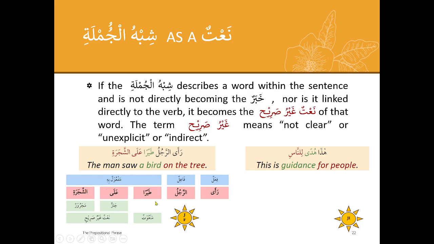This is actually muta'alliq to the ta'iran. So this is why we say this is ghayru sarih, not a direct connection. But it does add information about what's going on.